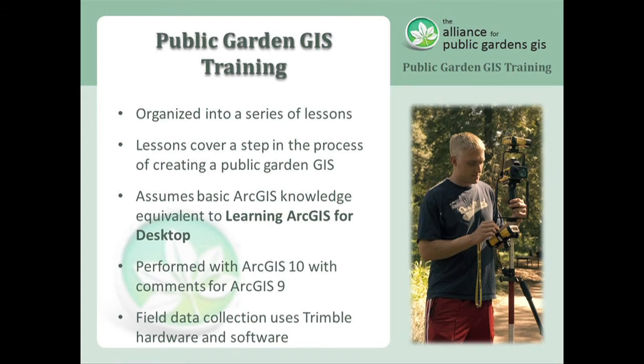We assume that you have basic knowledge of ArcGIS, equivalent to the Esri course Learning ArcGIS for Desktop. If you go to Esri's website and go to their training section, you can look at this Learning ArcGIS for Desktop course and make sure that you have that level of knowledge before proceeding with this GIS training series.